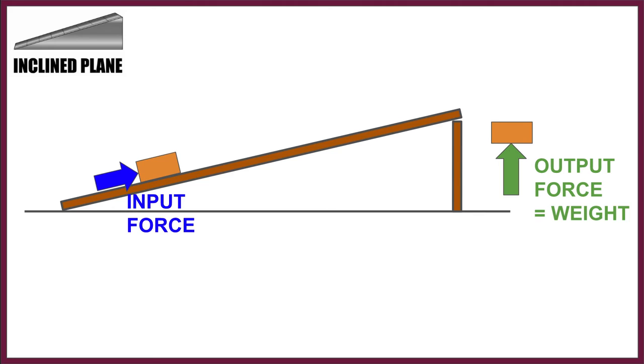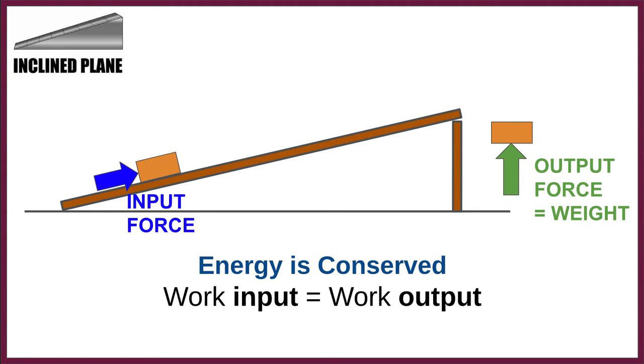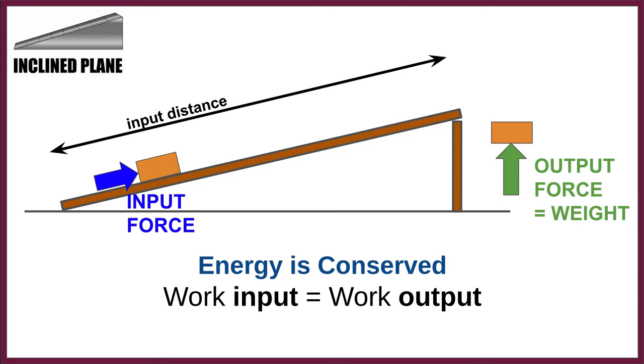And the advantage of this, why someone would want to use an incline plane, is that because the energy is conserved, because the work input will equal the work output, the distance is long for you to actually push on the object. So it's a big distance, but that means that your force doesn't have to be quite as big.